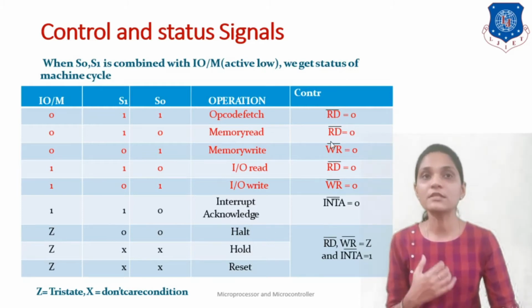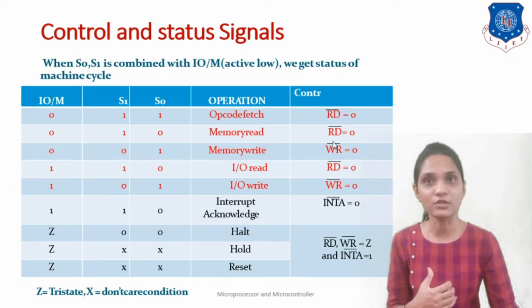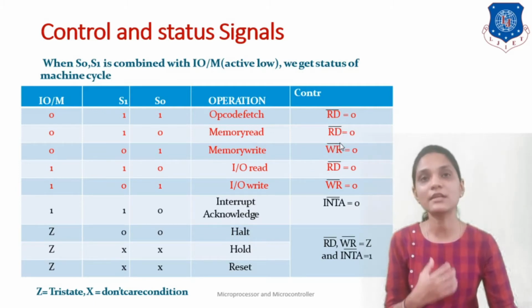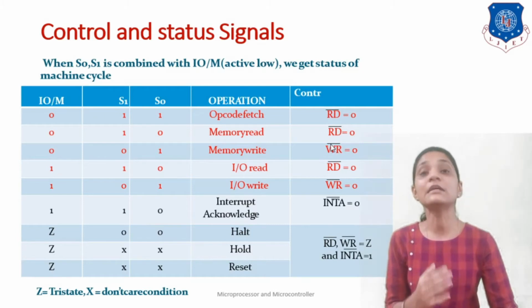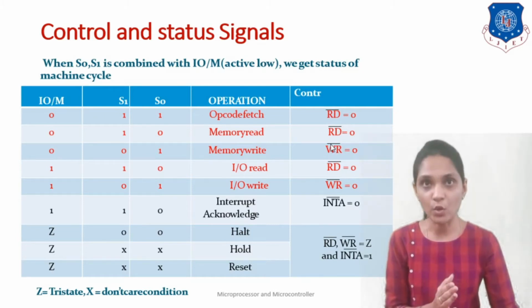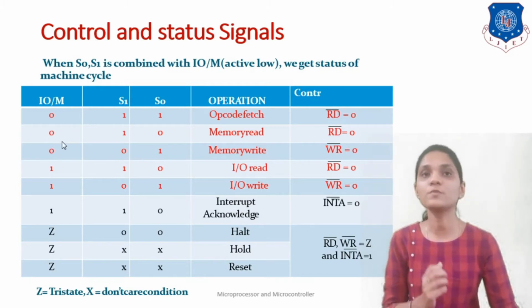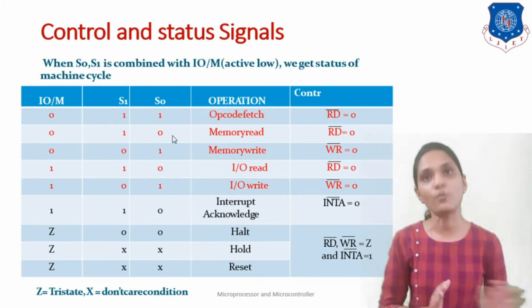For the reading operation, the processor has to generate the read control signal, that is RD bar, which is also an active low control signal. That means to generate that signal, it should be 0. So we will require RD bar to be 0 and IO, M bar to be 0 for your memory read operation.